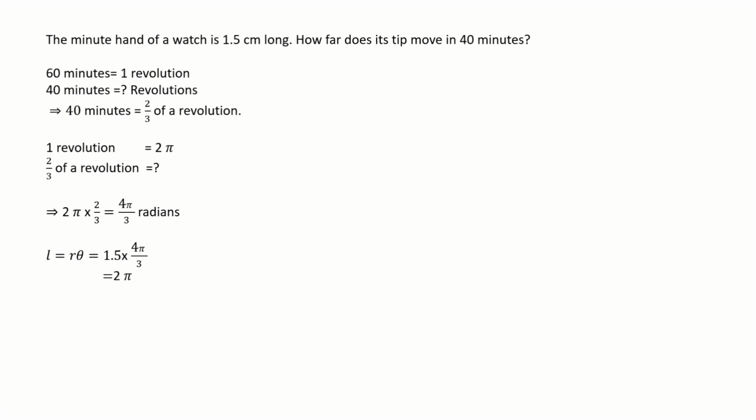Substituting pi value as approximately equal to 3.14, our answer is 6.28 centimeters. Therefore, the tip of the minute hand of the watch moves 6.28 centimeters in 40 minutes.